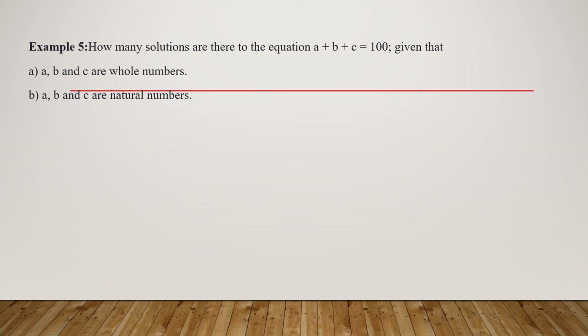And case 2 is not considering the possibility of getting 0 chocolates. So for case 1, the number of solutions would be n plus r minus 1 C r minus 1, that is 102C2. And for case 2, that means not considering the possibility of a child getting 0 chocolates, it would be given by n minus 1 C r minus 1, and the answer is 99C2 ways.